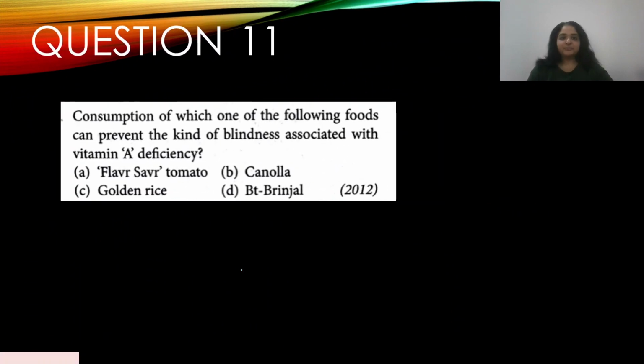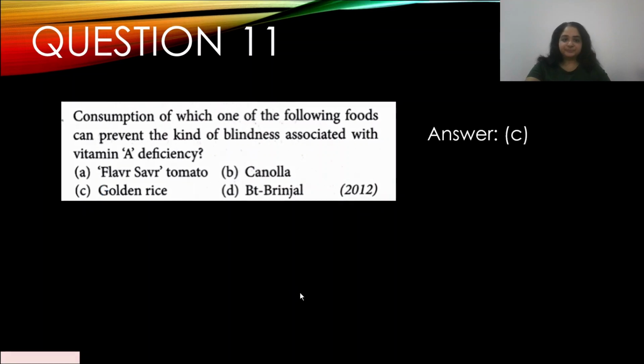Let's move on. Question number 11. Consumption of which one of the following foods can prevent the kind of blindness associated with vitamin A deficiency? A, flavr savr tomato, B, canola, C, golden rice, and D, BT brinjal. So for vitamin A deficiency it is definitely C, golden rice.